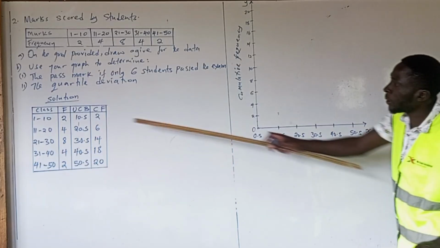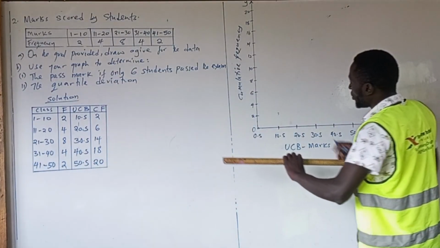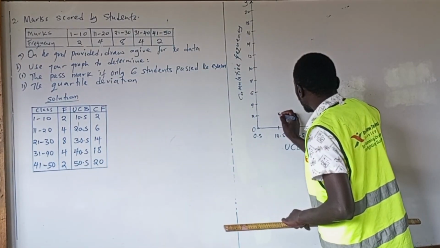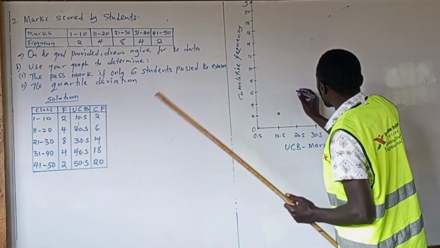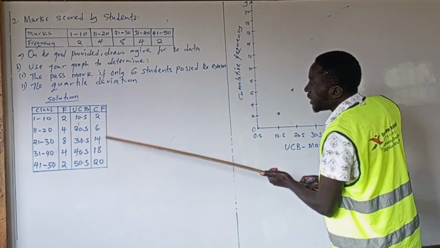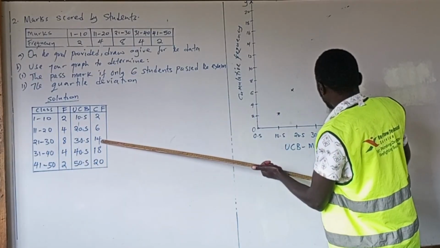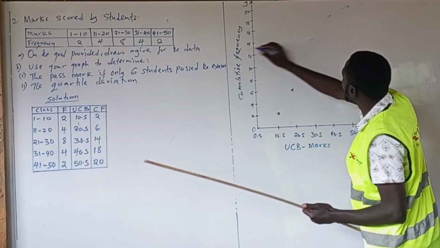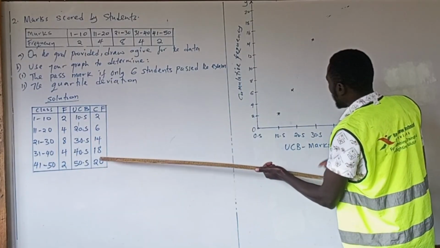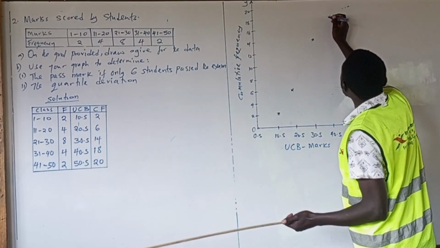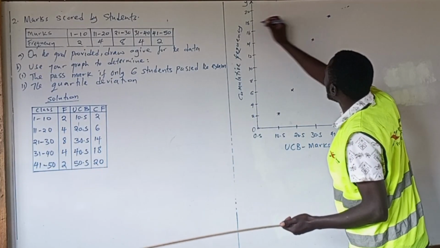Then you just plot 2 with the 10.5. Then 6 with the 20.5. Then 14 with the 30.5. Then 18 is there.